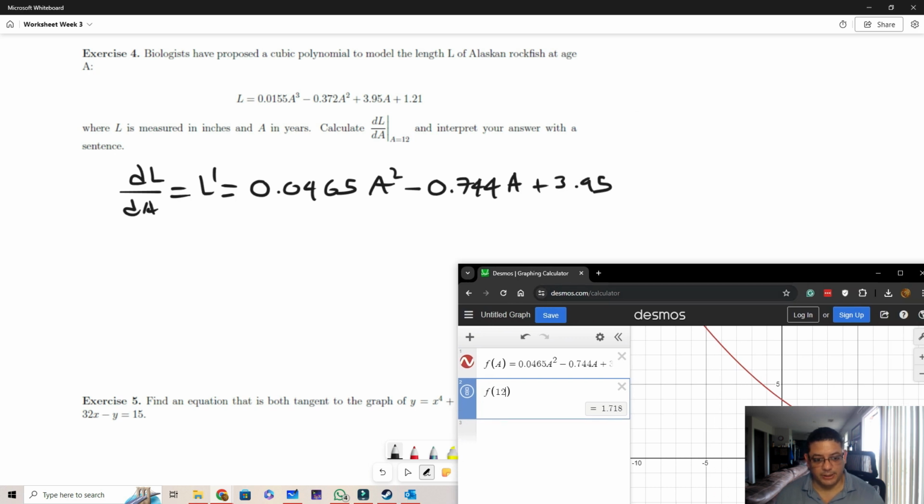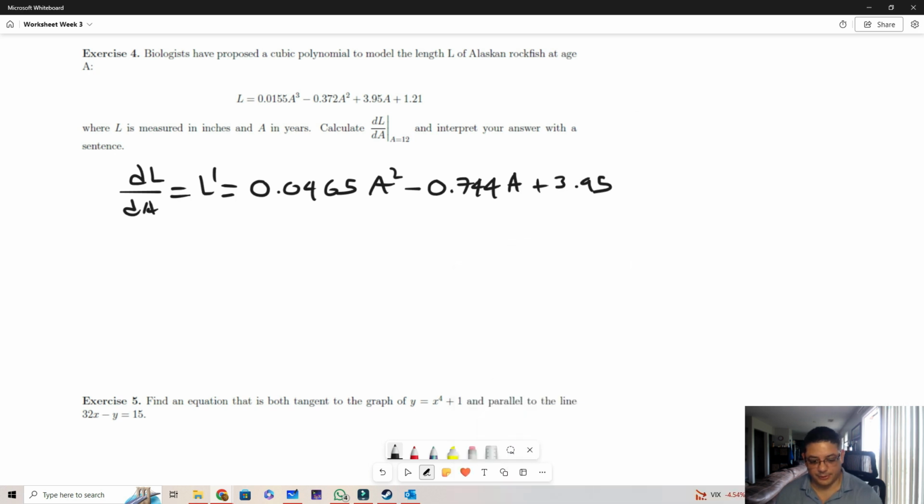So if I want to calculate that here, if I want to just find out what this value is at 12, I just need to plug in 12. And that's exactly what I did with the result that I got. You plug in 12 in each of these things.